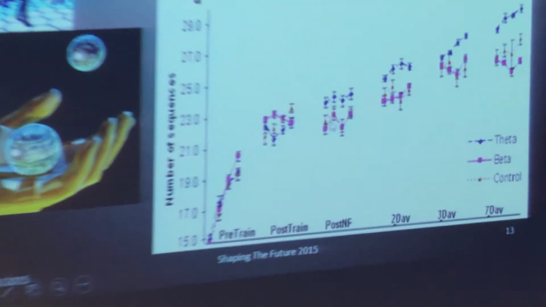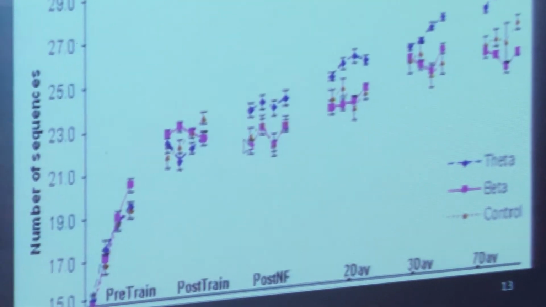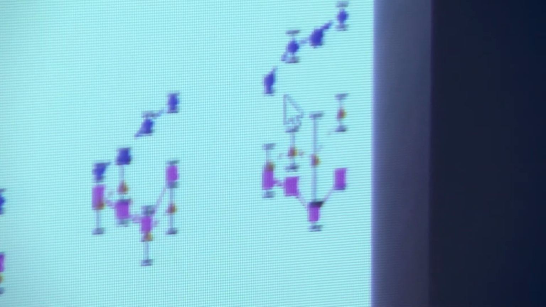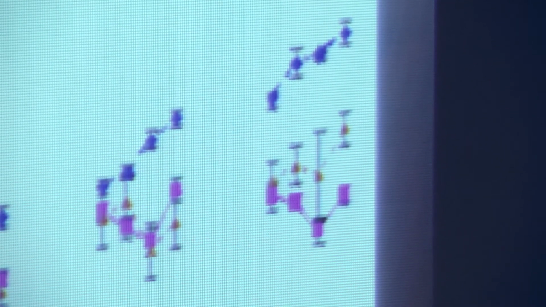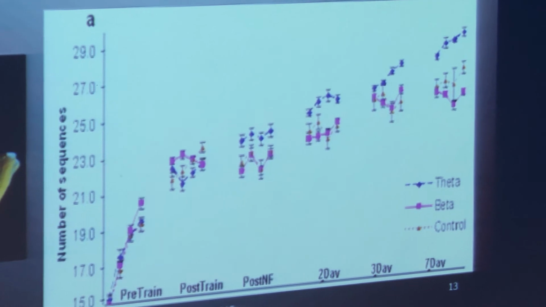I tested them immediately after they finished learning. The 3 groups were the same, but look at what happened after neurofeedback. You can see that the blue group and the purple and yellow group, there is a distance between them, which increases after night sleep, further increases after more night sleep, further and further until 7 days. So memory consolidation was obvious.